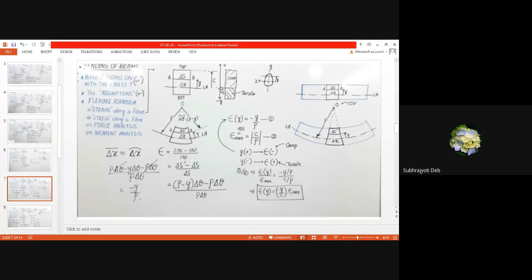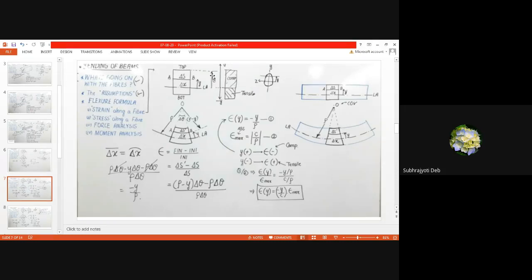So where will be your maximum compression? At the top of the beam, yes, this is the topmost fiber. So your maximum strain will be at the top fiber.